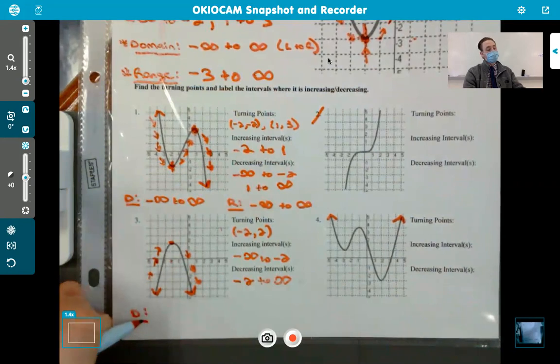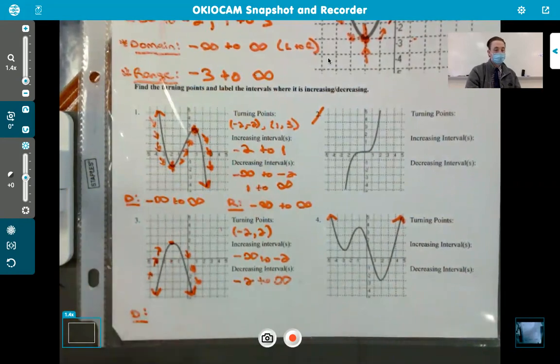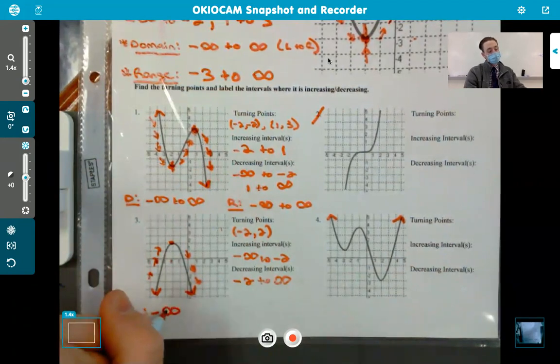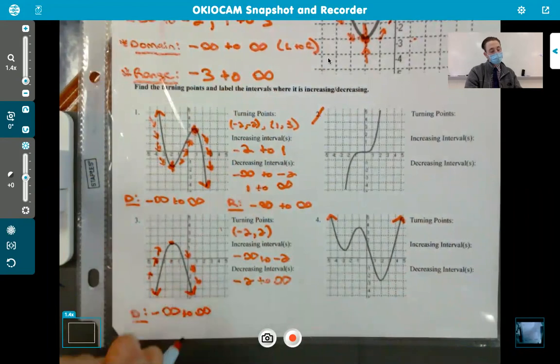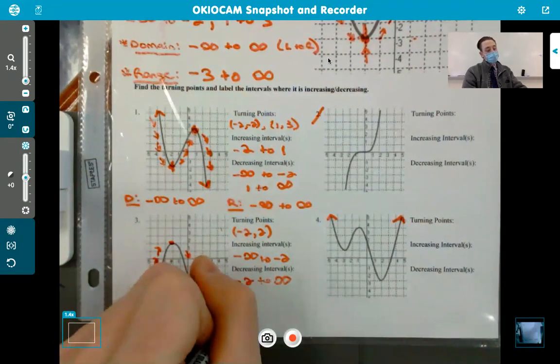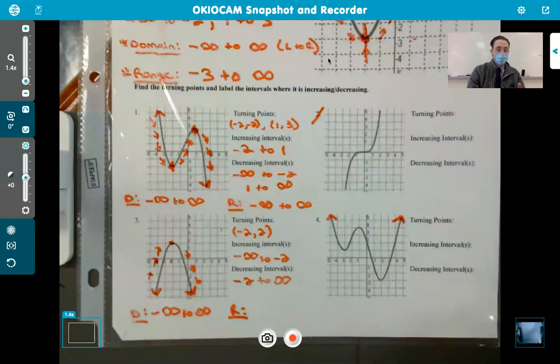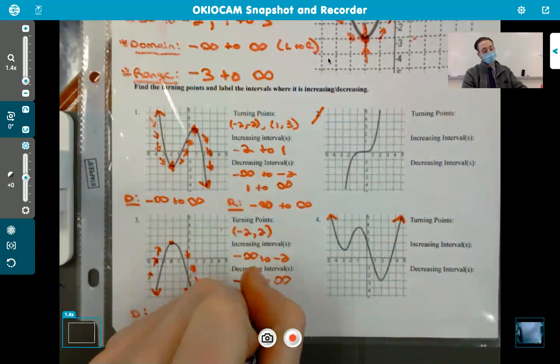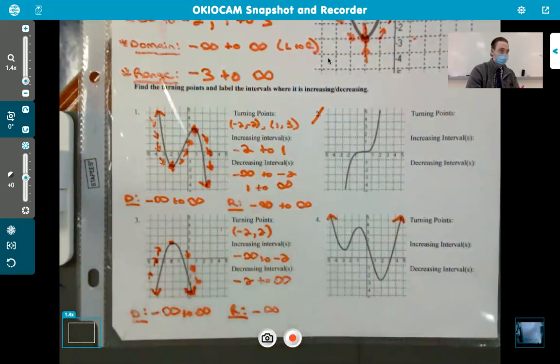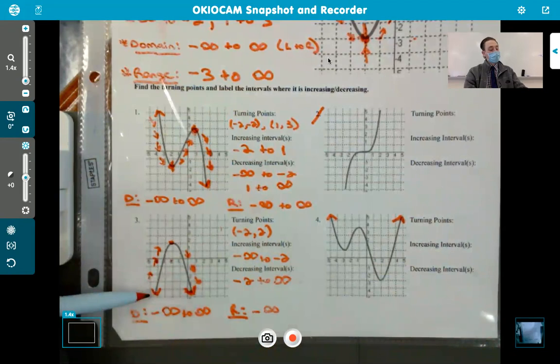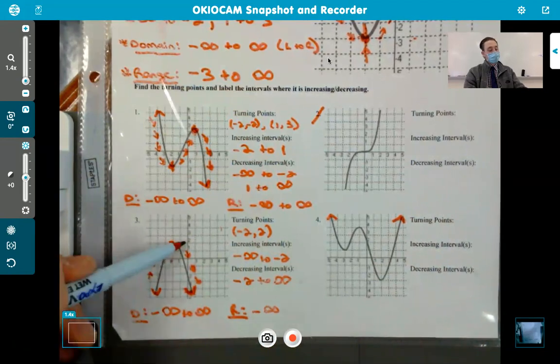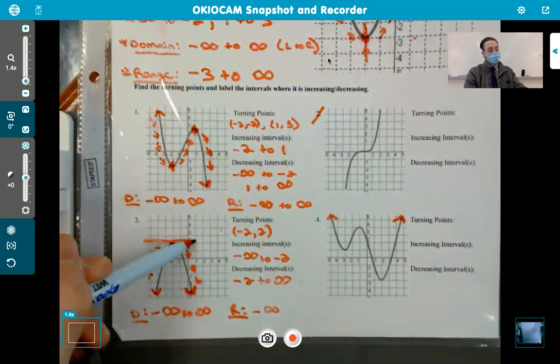What's my domain going to be? Good. Negative infinity to infinity. And now my range. Something a little bit different now. I start from the bottom, I work my way up. Like I said, this graph continues on in both directions forever. It's going to start at negative infinity. But then I only increase until I get to this y value here. That's the highest y value that I have.